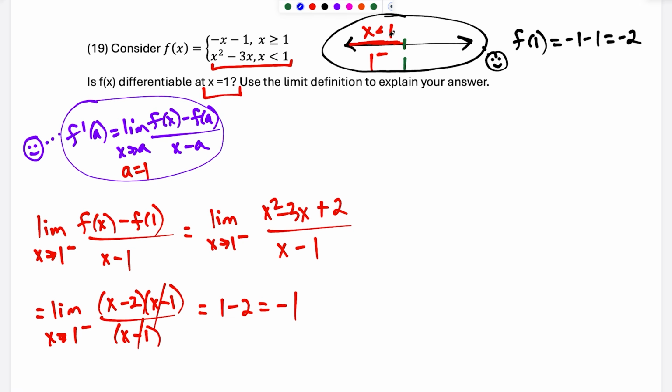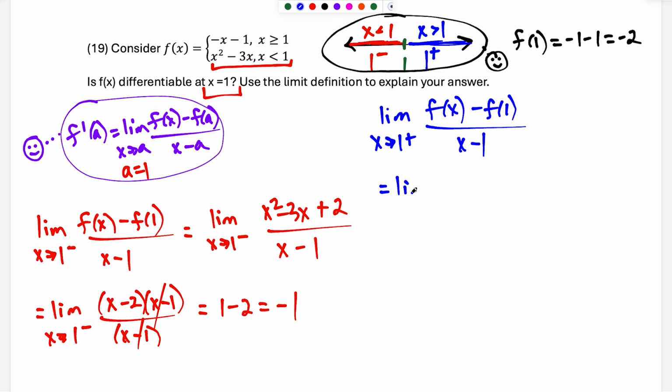Now we will check the right side limit. For the right side limit, we are on the x greater than 1 side, and this is when x is approaching 1 from the right. So I'm going to say the limit as x approaches 1 from the right of f of x minus f of 1 over x minus 1 is equal to, and now I'm using the greater than 1 part of the piecewise function.